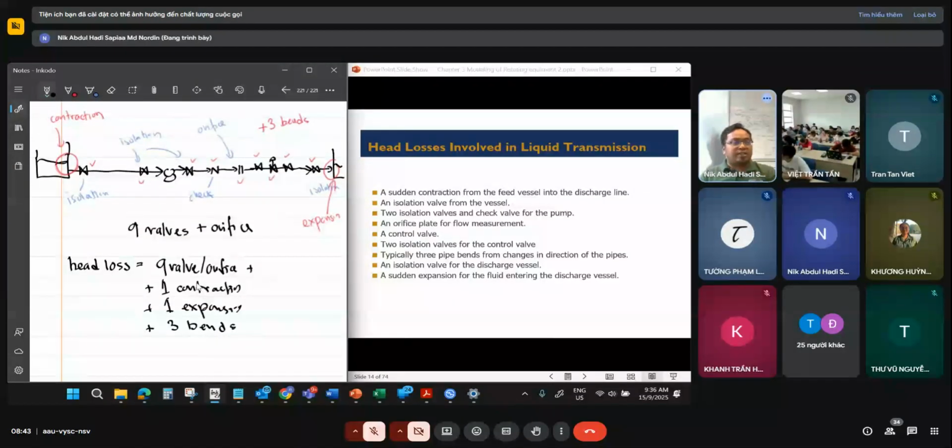So where else is the pressure loss? We actually have it throughout the pipeline, because we have the fluid. So let's say this is our pipeline. The surface or the wall of this pipe will also induce the pressure drop.